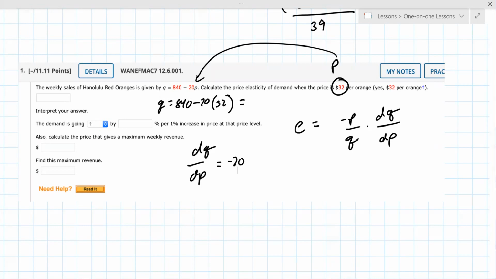So now we just put all this stuff in here. Let me get the numbers here for you. I got a calculator. So P is 32 and Q is 840 minus 20 times P. So Q is 200. So it's minus 32 over 200 times negative 20.